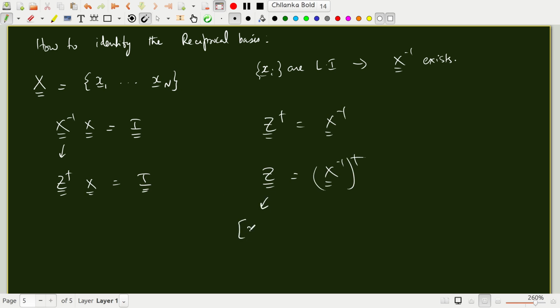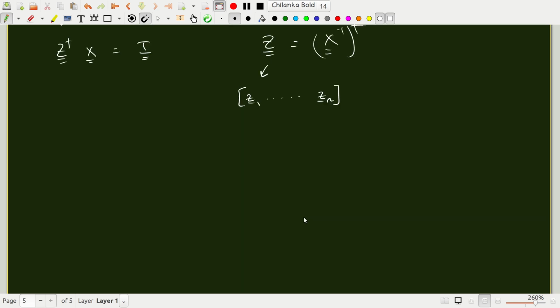It can be thought to be comprised of n vectors arranged in columns. Those are the reciprocal vectors. How do we show that? Well, Z dagger is the column vectors with the Hermitian.